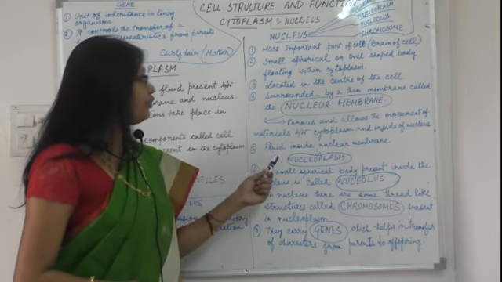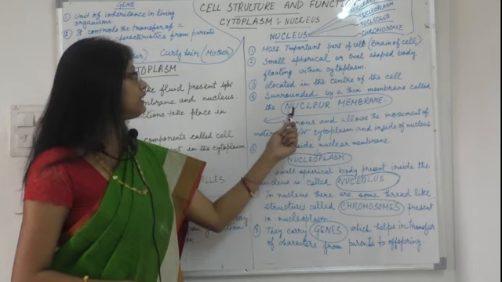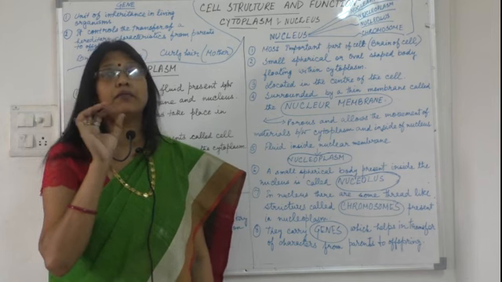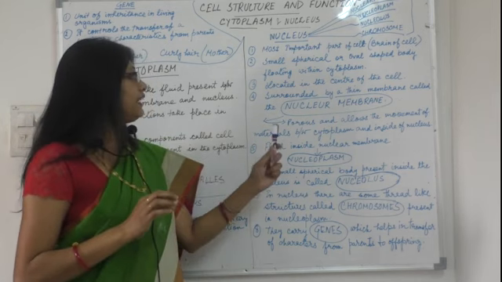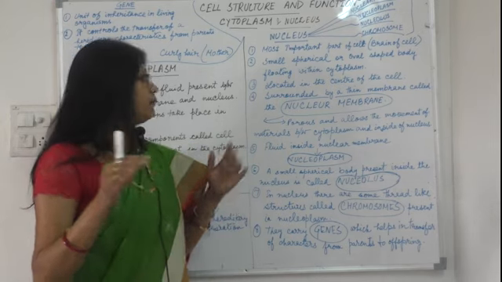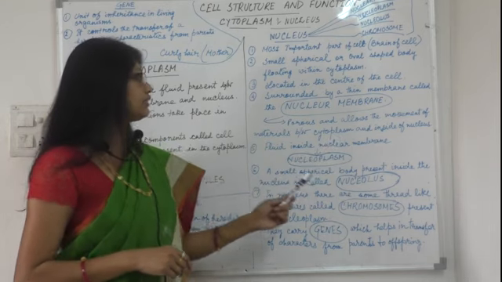Fifth point, fluid inside the nuclear membrane is called nucleoplasm. So first we have covered nuclear membrane. Nuclear membrane is a thin membrane. Secondly, it is porous and it allows the movement of materials between cytoplasm and inside the nucleus.